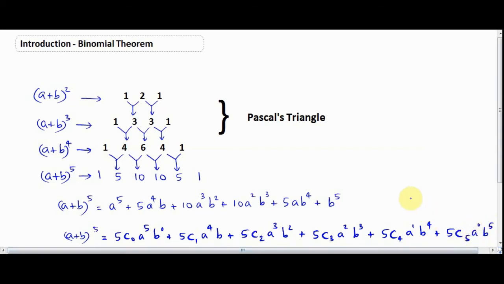Okay, now if we consider (a + b)^n, in general whatever be the value of n, what will be (a + b)^n? Let's see what it will be.